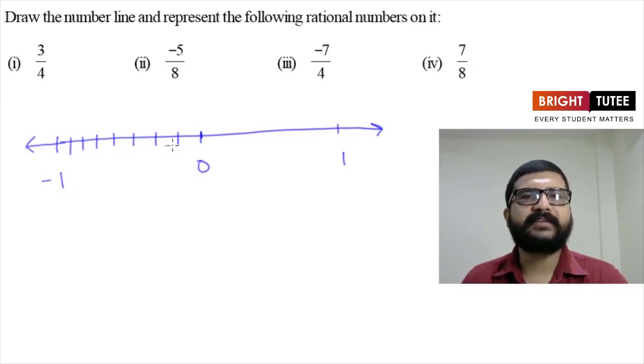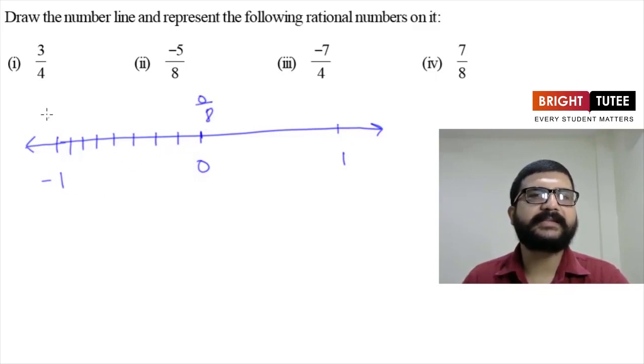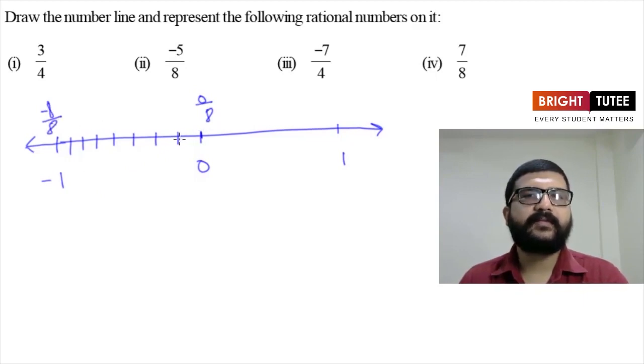So now these 7 markers are dividing this region into 8 equal parts. We can write 0 as 0 upon 8 and minus 1 as minus 8 upon 8. Now the first number will be minus 1 upon 8, then minus 2 upon 8, minus 3 upon 8, minus 4 upon 8, and here is the required number minus 5 upon 8.